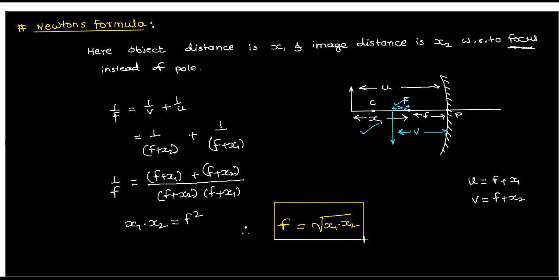What is x1 here? Object distance from the focus. What is x2? Image distance from the focus. Always from the focus. Keep it in mind. With respect to focus, all distances we are measuring in Newton's formula. Clear? Understood? Note down this.